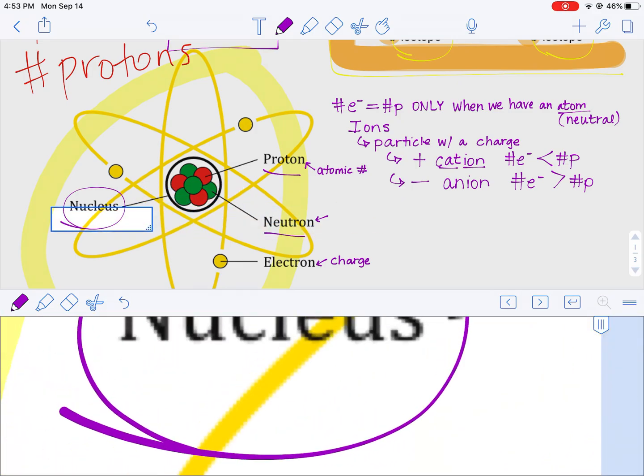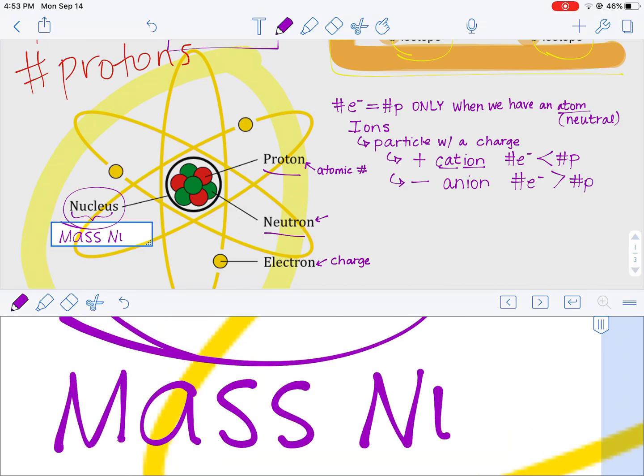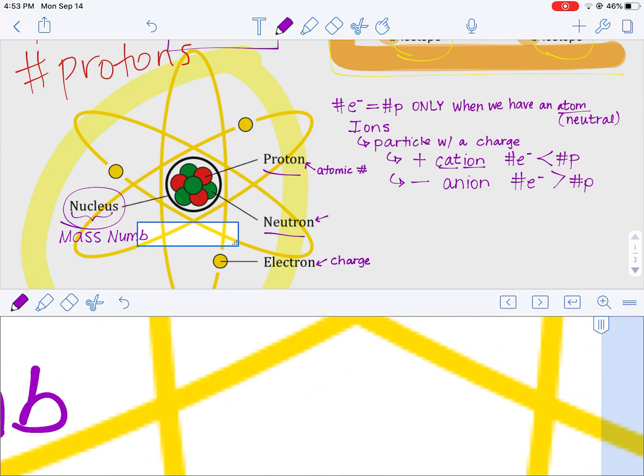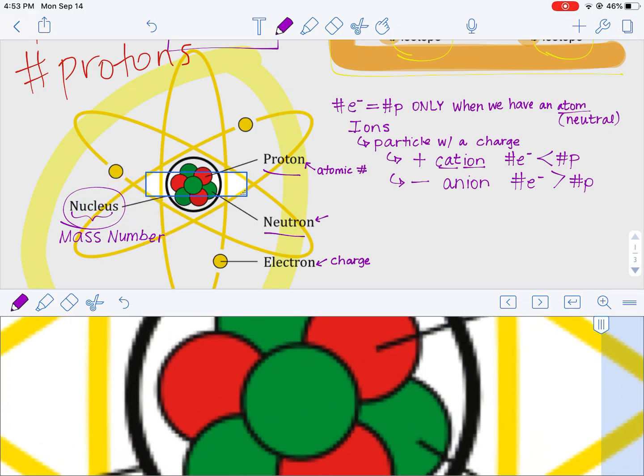And the nucleus is going to be described by what's referred to as the mass number. The mass number is telling us the number of protons plus neutrons that are in the nucleus of the atom.